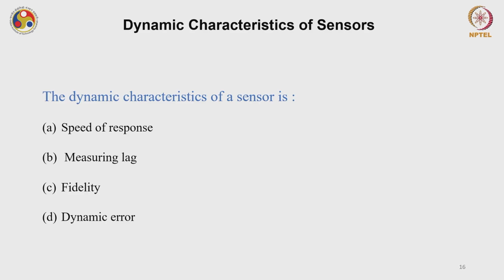First is the speed of response, at which speed these sensors are responding. Second is the measuring lag. Third is fidelity, and fourth is the dynamic error. Let us understand these one by one.